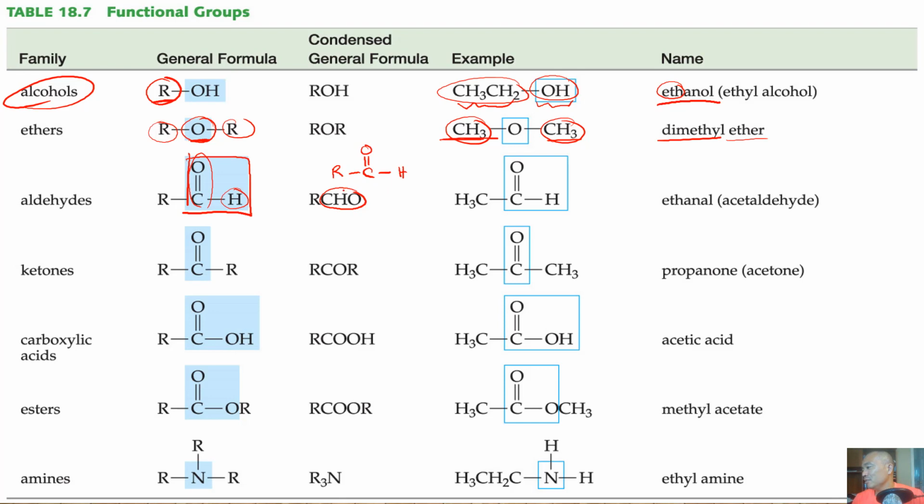You can also write it this way, as you can see on the left side. So ethanal, which has an AL ending, tells you that you have two carbons, and you have a functional group that has a CO double bond connected with the hydrogen.